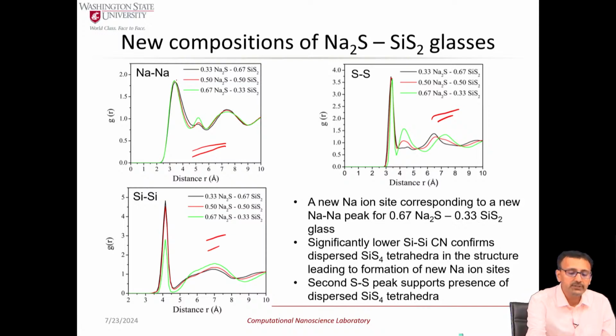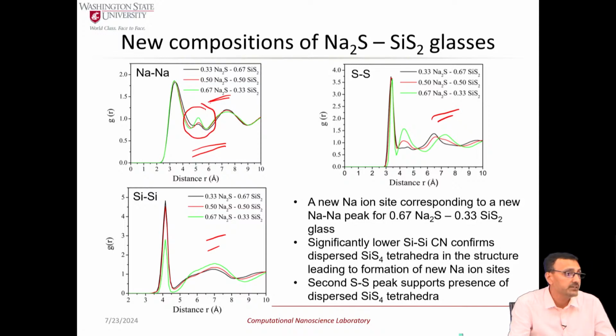This one is remarkable because as the concentration of sodium sulfide is increased to 67%, a second peak emerges for the sodium-sodium pair, which suggests that there is a new site for sodium hops opening up, besides the closest nearest neighbor site captured by the first peak. So, our hypothesis at that point was that this should enhance the ionic conductivity at these compositions as we go from 33% to 67%.